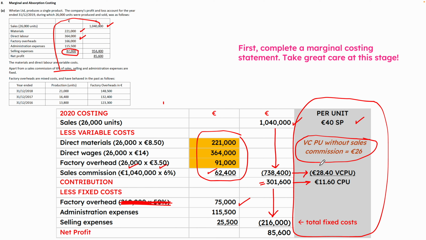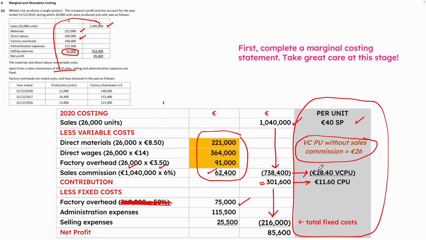I have to work out what my variable cost per unit without sales commission is, because if I have sales commission in this question and the selling price changes, it is very likely that my variable cost is going to change. Selling price isn't €40 all of a sudden, your variable cost per unit is going to change.